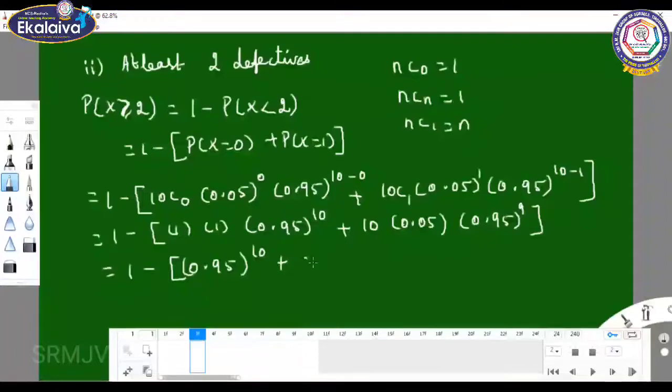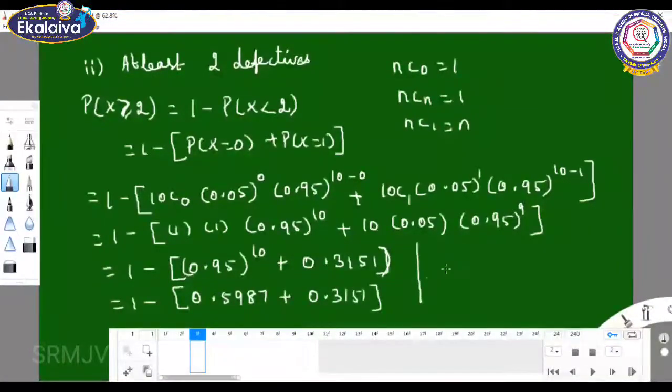You can get the value of 0.3151. 1 minus 0.95 whole power 10 equals 0.5987 plus 0.3151. You can add these two values.